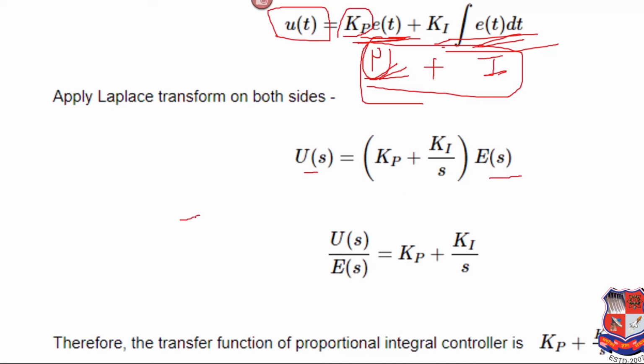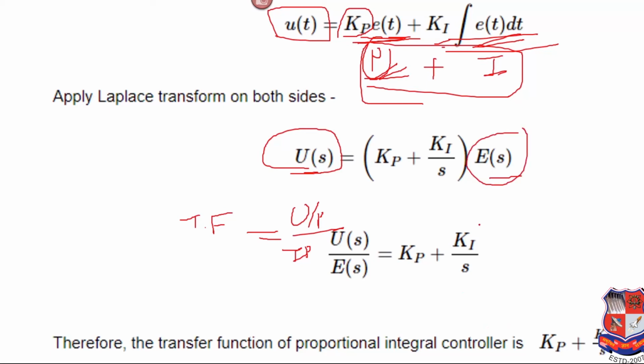Now we need the transfer function for drawing the block diagram. How can we write the transfer function? The definition of the transfer function is output over input. The actuating signal is my output, and the error signal is my input.